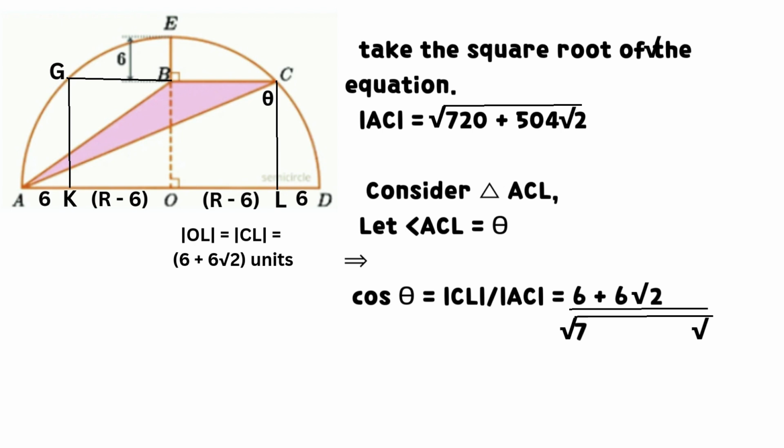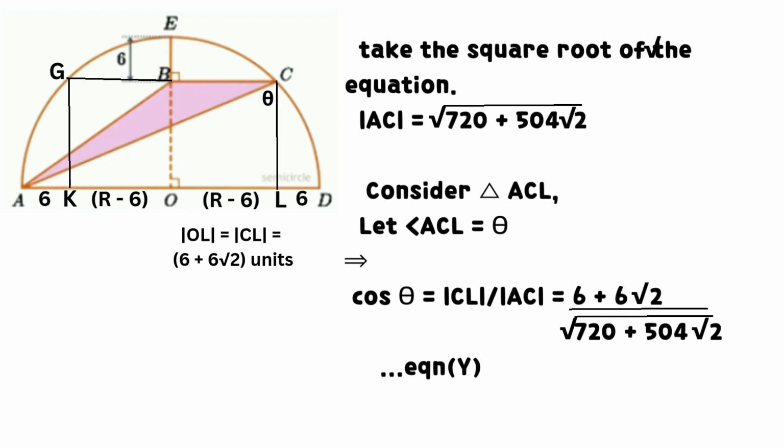Consider triangle ACL. Let angle ACL equal theta. This implies that cosine theta equals line CL divided by line AC, which equals the sum of 6 and 6 times the square root of 2, all divided by the square root of the sum of 720 and 504 times the square root of 2.